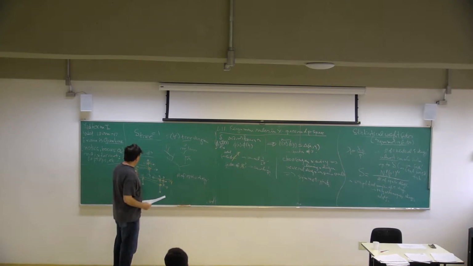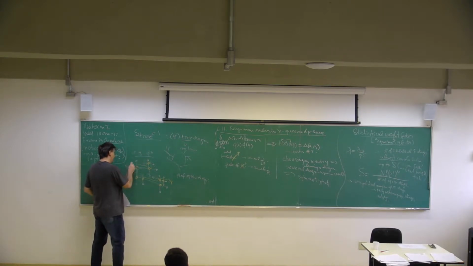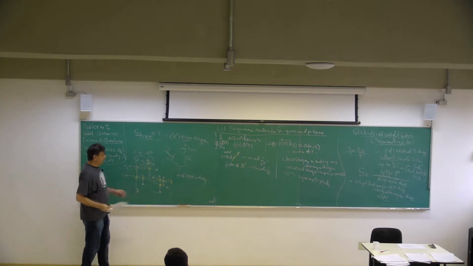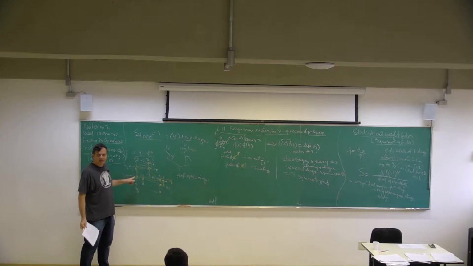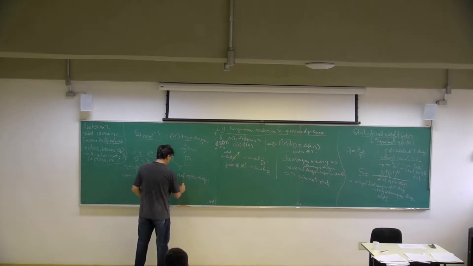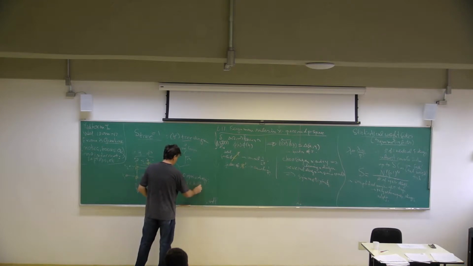But remember, while these things are fixed, so this is x1, x2, x3, x4, and so on, x little n, these are fixed, but these other ones are integrated over, right? So I put them here on the diagram, but then when I define how I call them, I have n factorial ways of labeling them.